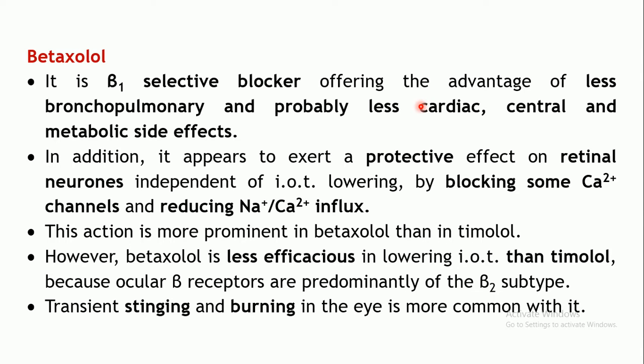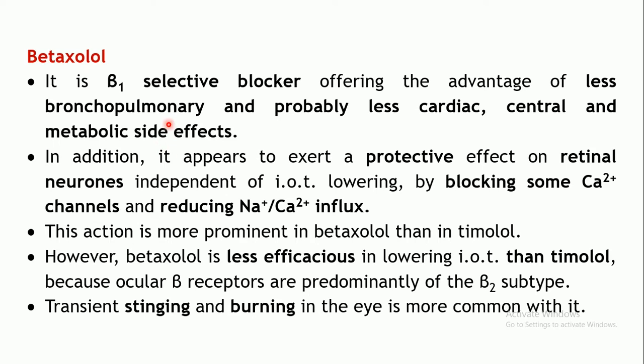So beta 1 selective blockers are advantageous in that systemic toxicities of this particular drug are less likely on the other systems. It is actually used for its action on the eye, but sometimes systemic toxicity also may take place. That can be ruled out because of its selective nature.